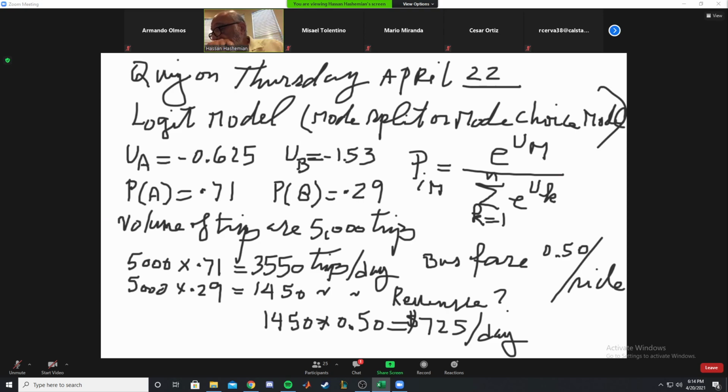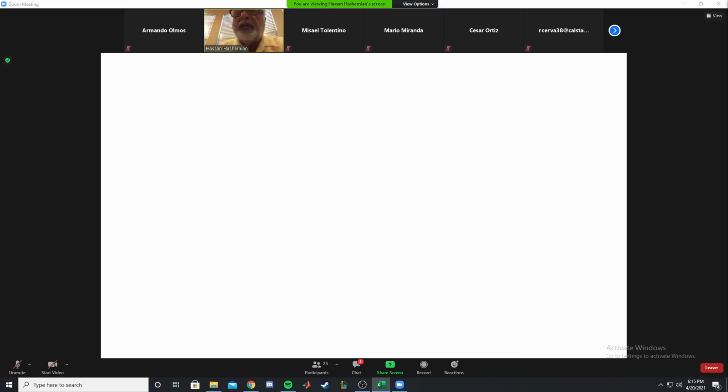Now, let's assume that we add another mode of transportation, such as rapid transit, like a metro. If we do that, what will happen? Let's see. If I have another mode of transportation we call rapid transit, and I give all the x's for rapid transit, you remember we had x1, x2, x3, x4.